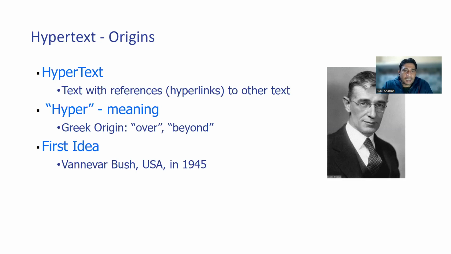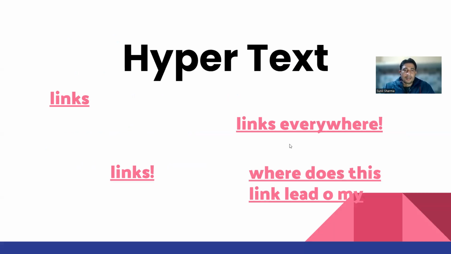Hyper is basically a Greek word which means over or beyond. The first idea for hypertext came from Vannevar Bush, USA, in 1945. In simple terms, all the links are hypertext.